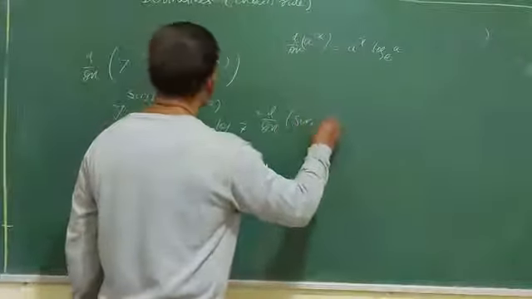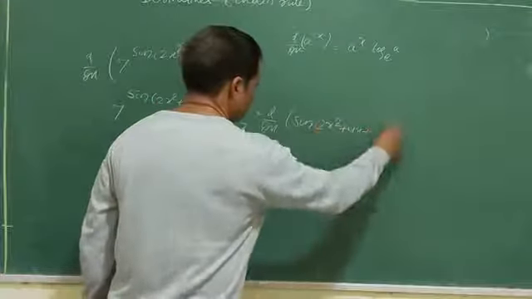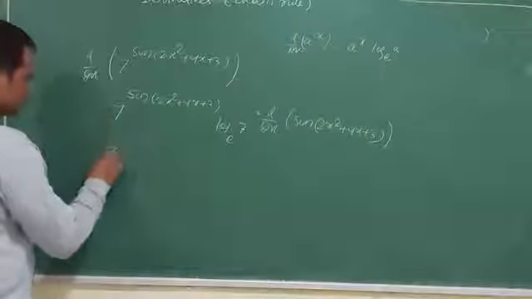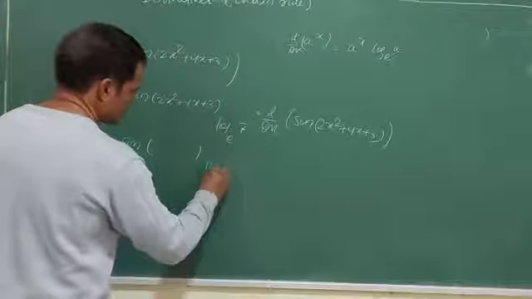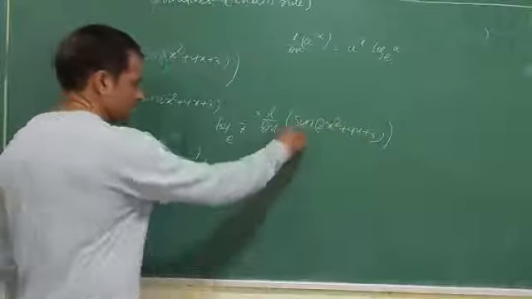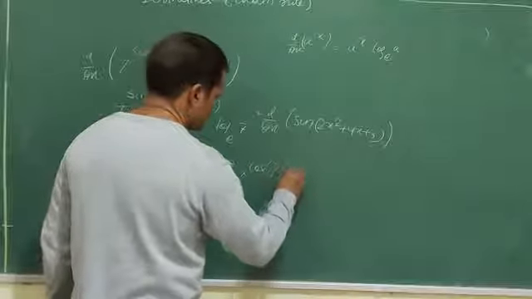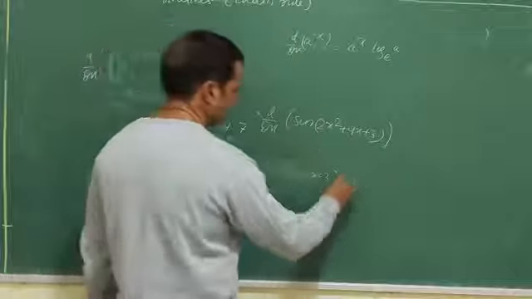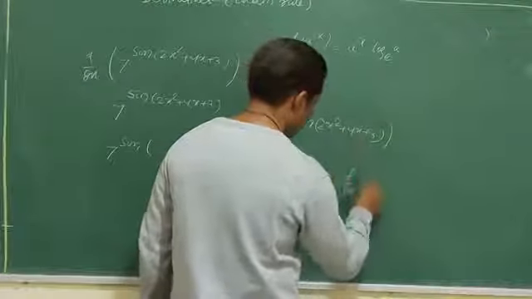of sin 2x square plus 4x plus 3. Write down this one as it is. 7 to the power sin 2x square plus 4x plus 3, log e 7, sin derivative cos 2x square plus 4x plus 3 into derivative of dy by dx of 2x square plus 4x plus 3.